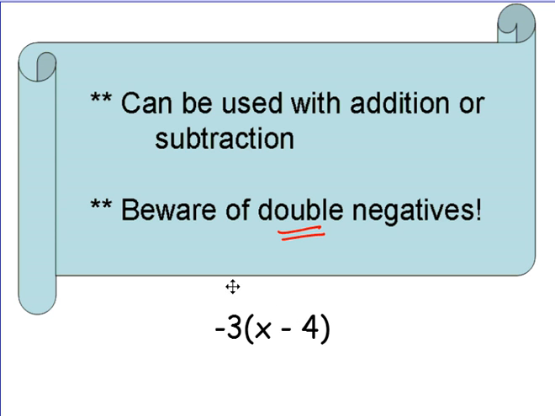So let's practice with this problem, negative 3 times x minus 4. If I give the negative 3 to the x, I will get negative 3x. If I give the negative 3 to the negative 4, a negative times a negative is a positive. So 3 times 4 is 12. So we want to beware and be on the lookout for those double negatives.